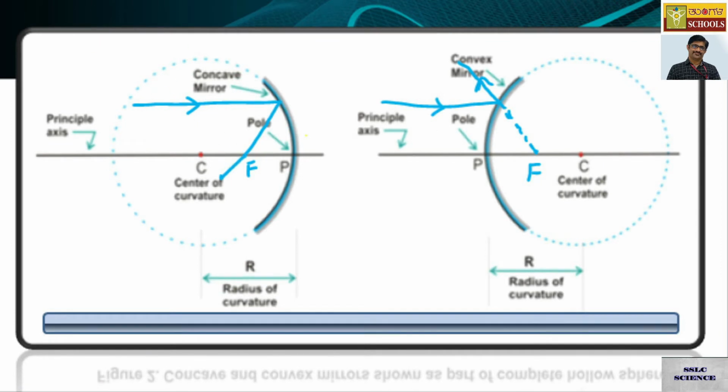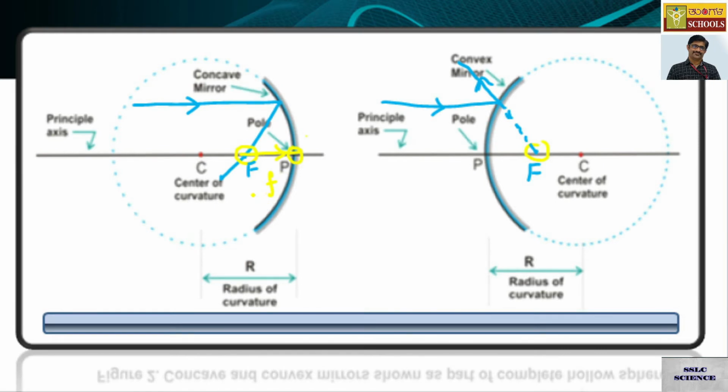And next part, that is the focal length. Focal length is the distance between the principal focus F, or focal point F, and the pole of the mirror P. It is the distance between F and P. That is nothing but the small letter f, the focal length.